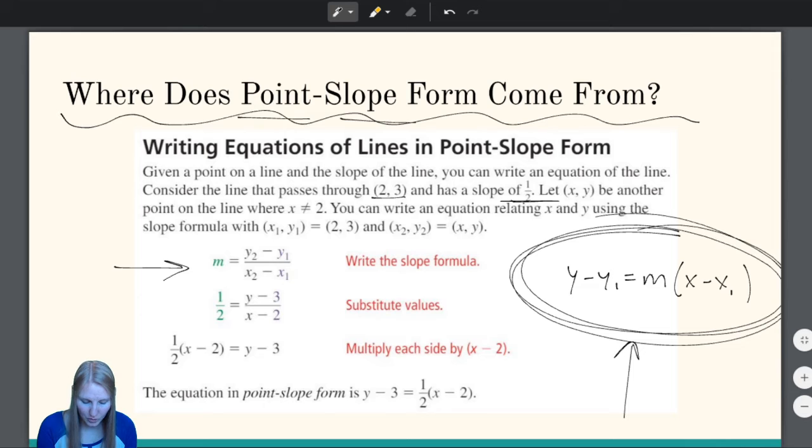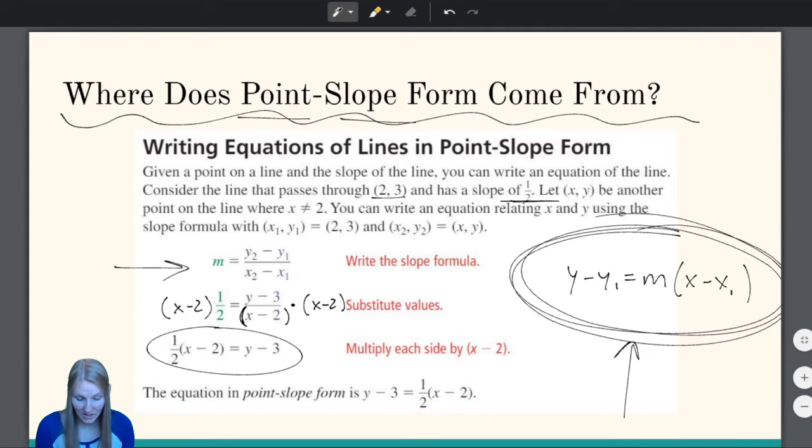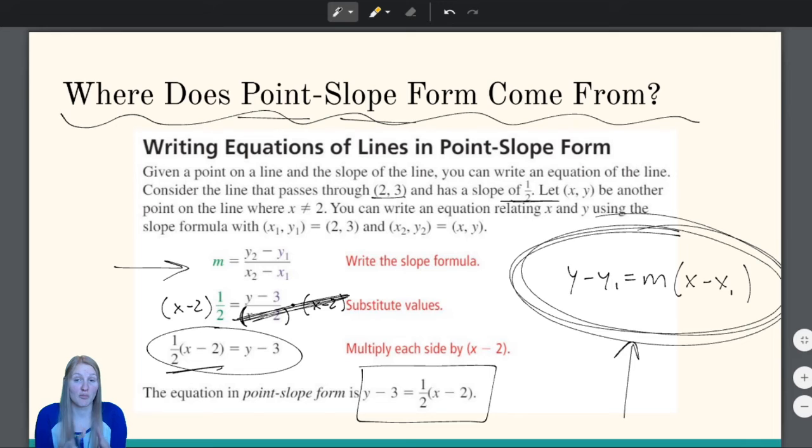Then if you multiply by x minus 2 on both sides, the x minus 2 goes away on this side. You get 1/2 times x minus 2 equals y minus 3. And that is your point-slope form. All they did was take the slope and plug a point into it, and then they multiplied, got y minus 3 equals blah, blah, blah.